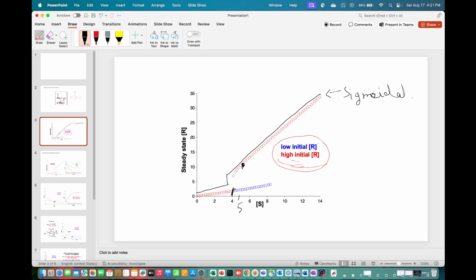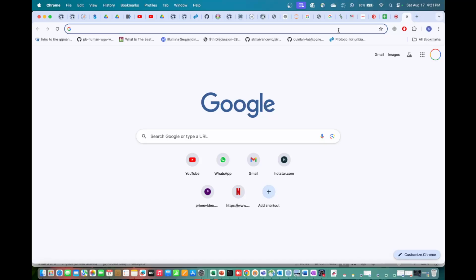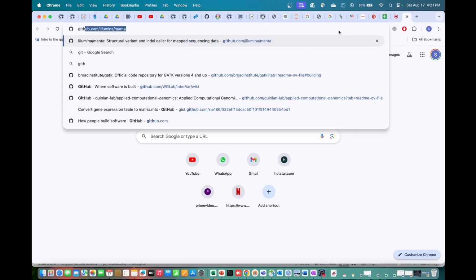Till a certain concentration of S, the steady state of R goes linearly, but when a certain spike in S is given after this particular junction, the steady state of R jumps up. So this is one of the characteristics of this kind of system. If you try to plot S and R, you will find this. So you can use the GitHub page.